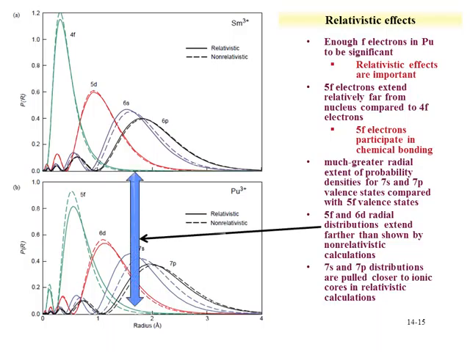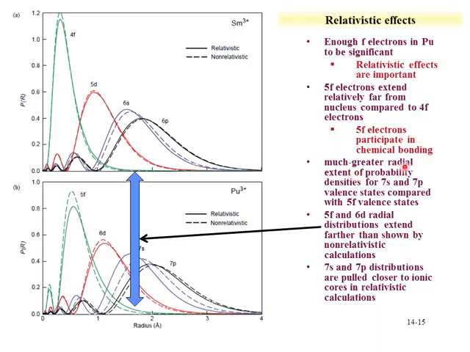So we can see this behavior here, where if we examine the 4F in trivalent samarium, the dashed line here is the non-relativistic calculation, the solid line is the relativistic calculation. We see there's a slight extension on the relativistic, but if you compare that to the isoelectronic plutonium, you see that the relativistic calculation is further extended to the point where, in an area where the distance is important for bonding, you will get F electron contribution.